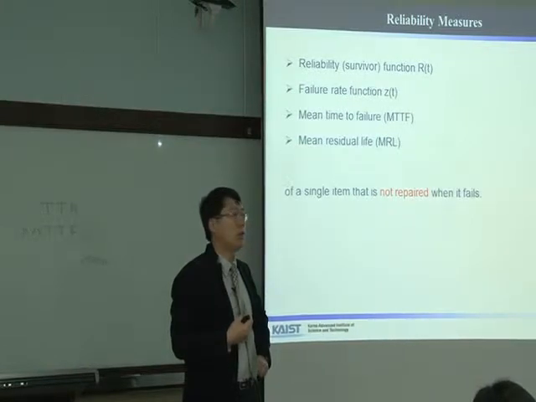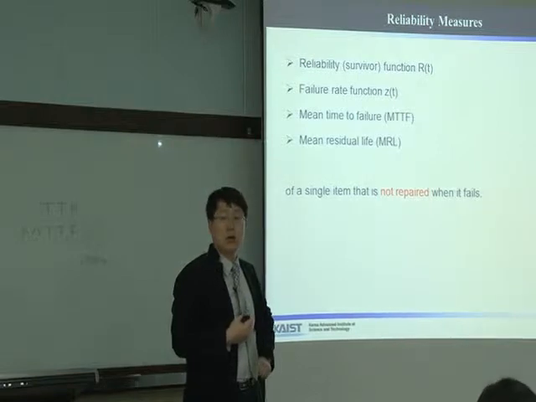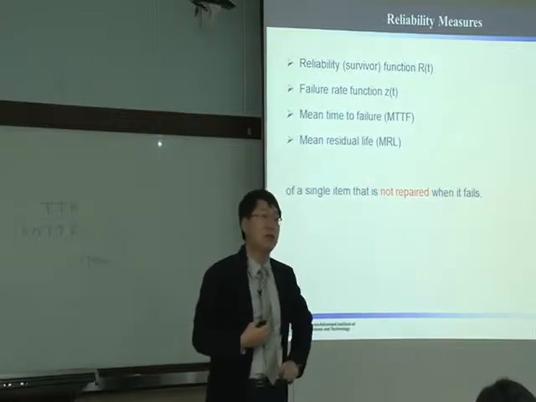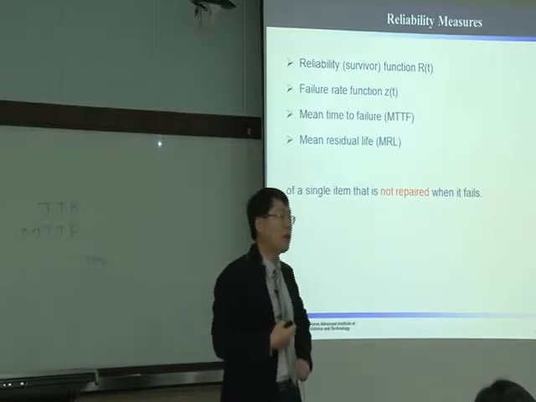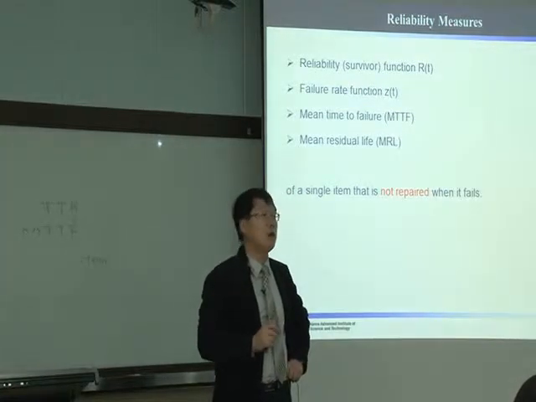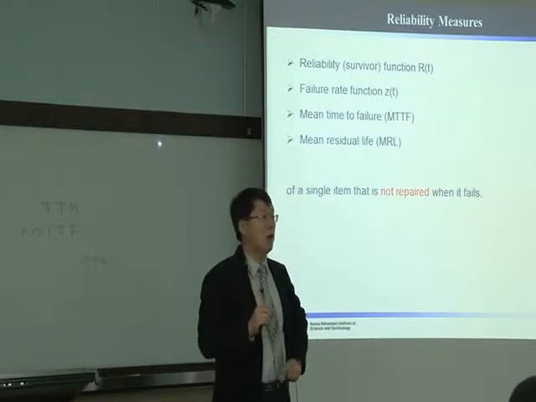What do you do if your car fails? You discard it? It's too expensive to discard, so we usually fix it. We usually repair it. For those kinds of items, we use the term availability.